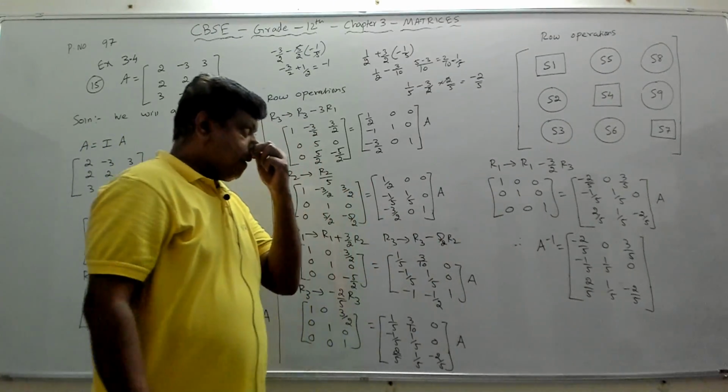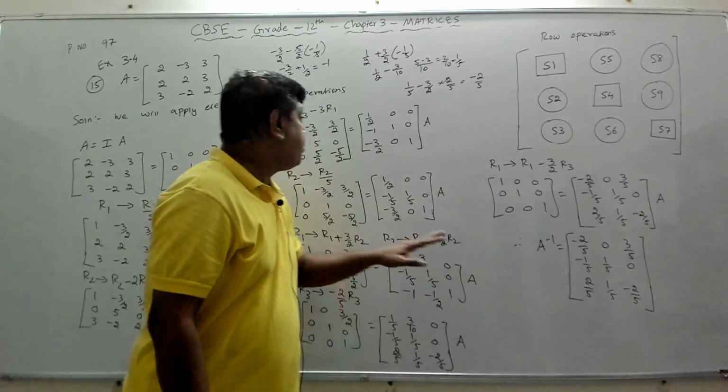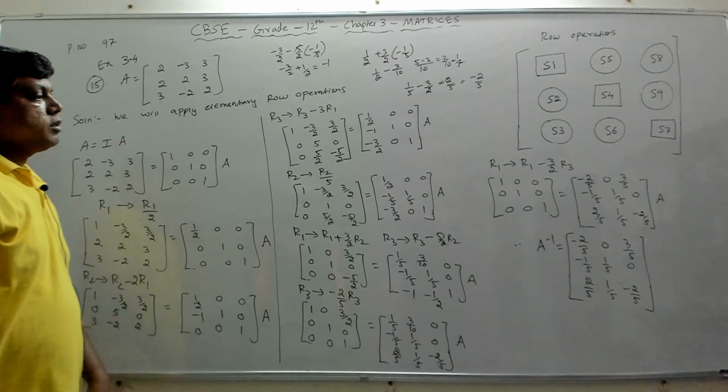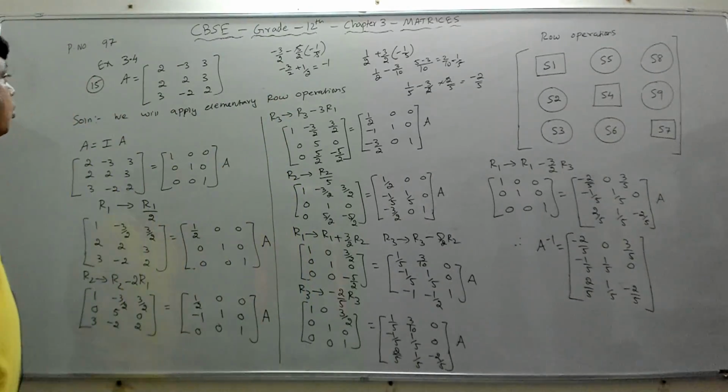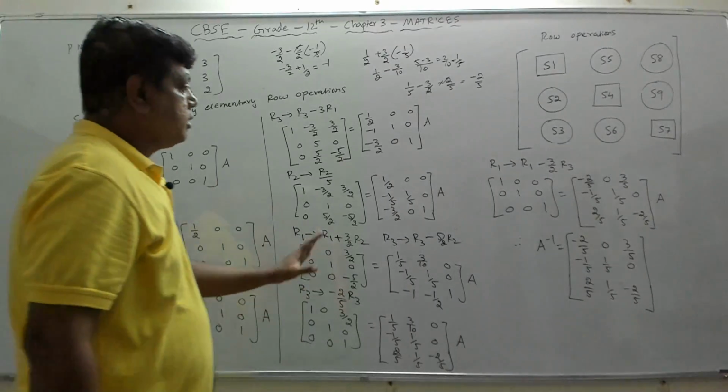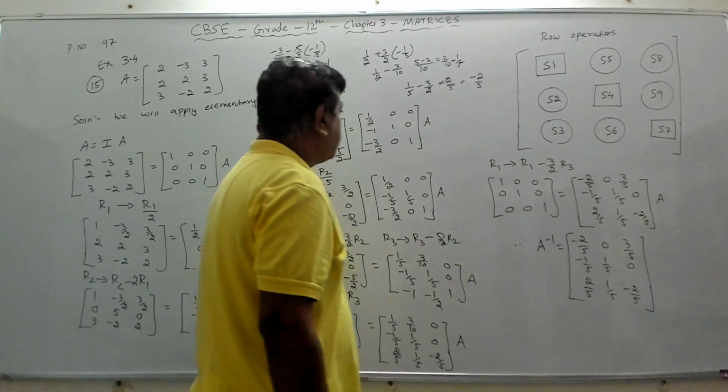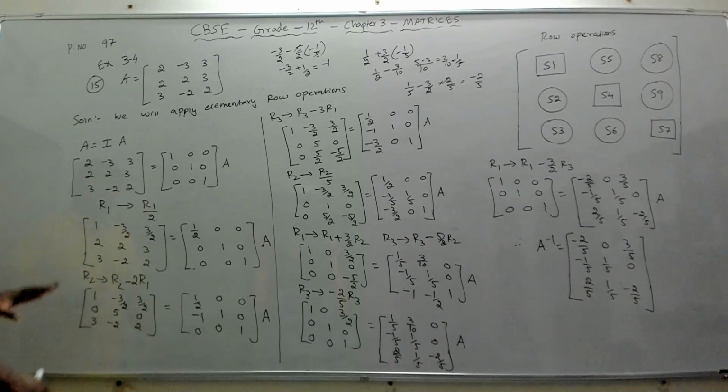So this is the inverse of the given matrix. We found the inverse using elementary row operations. So this is how we do it.